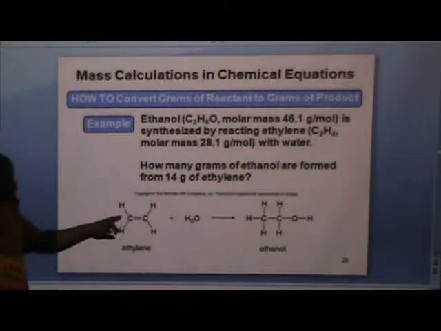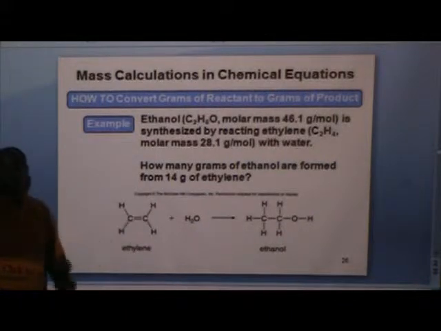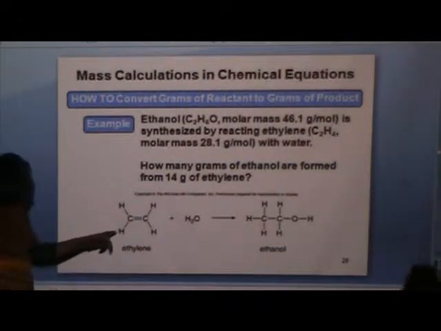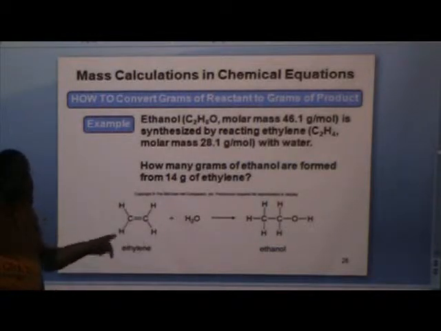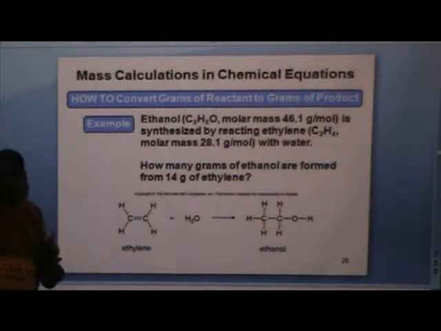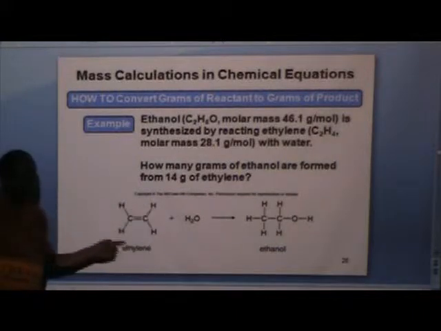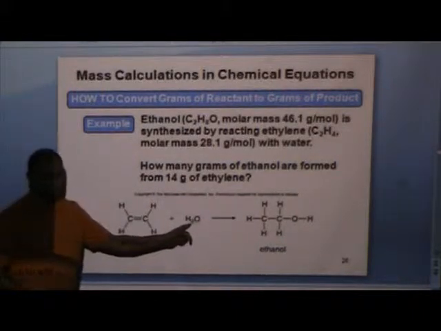Balanced means that you count the number of atoms on the reactant side and on the product side. How many hydrogen atoms do you have on the reactant side? 6: 4 in ethylene plus 2.